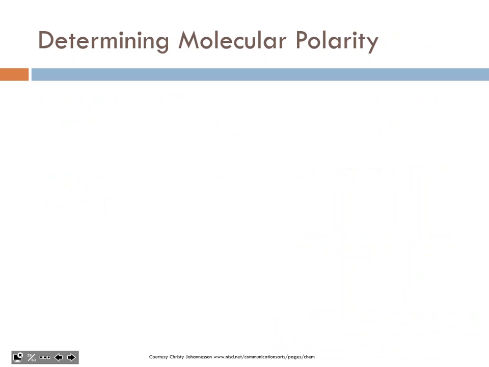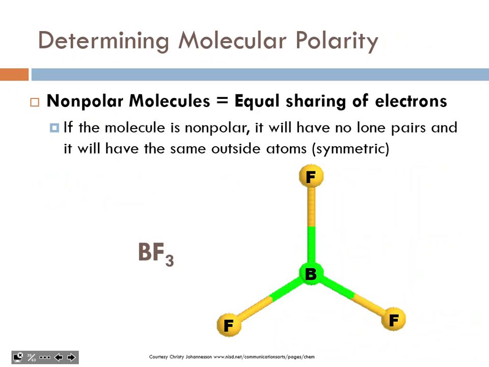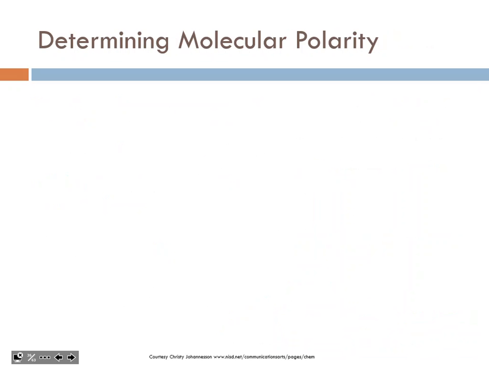Now looking at symmetric versus asymmetric, this is boron trifluoride. It is trigonal planar. It has the boron, remember, only needs 6 valence electrons here, but it has a symmetric shape, so any kind of dipole moments end up canceling out. So this would be nonpolar, and it's only going to experience London dispersion forces.